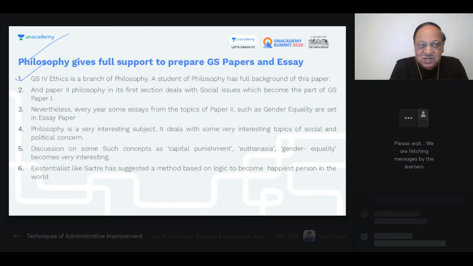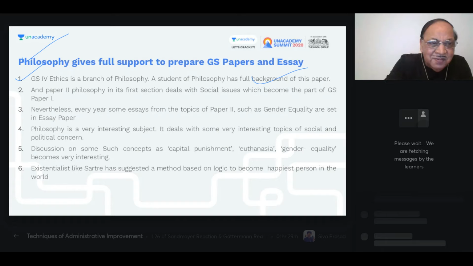So in the syllabus, whatever philosophical systems and philosophers you are going to study, they all give their own ethical views. So you are aware of them, and these ethical views you have to study in GS4 ethics. So see how philosophy is going to give you full support for a full paper, which hardly any other subject can do. A student of philosophy has the full background of this paper.